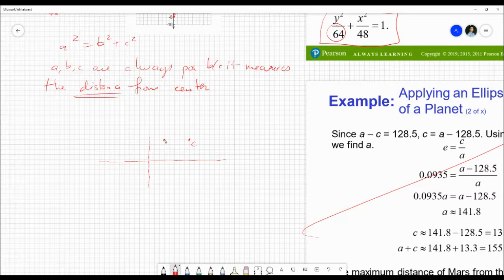So this is 5, and the other focus would be here, which is also 5. Both of these distances are +5. We don't say this is -5. It is just +5 for the distance from the center to the foci.